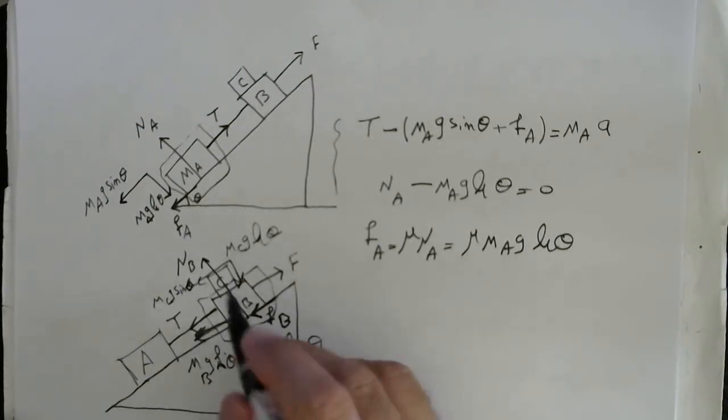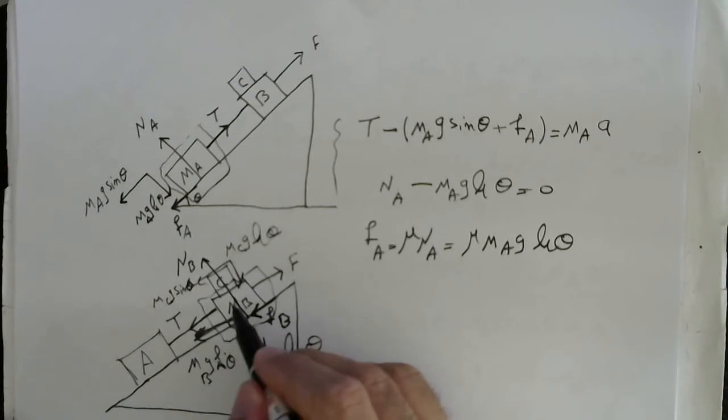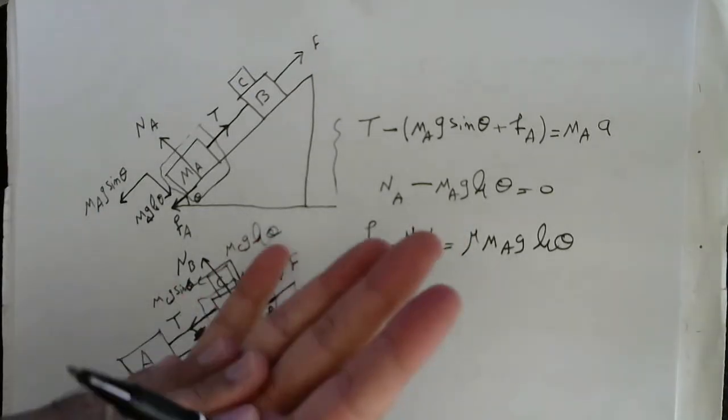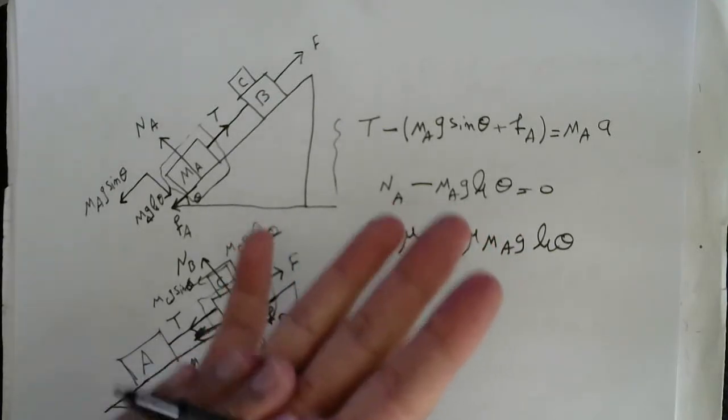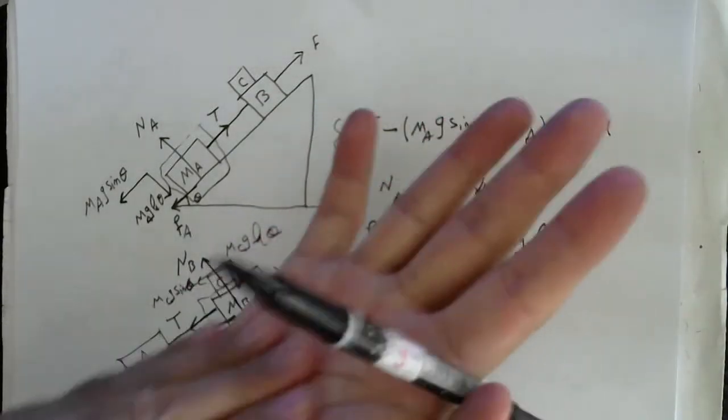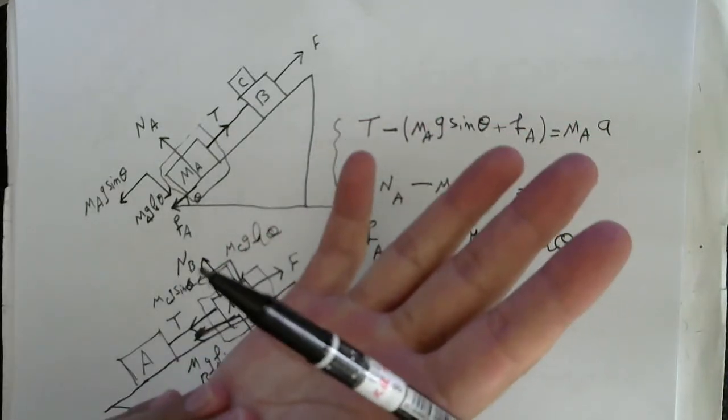It acts in the opposite direction of motion, and then C wants to stay when B moves up. So basically B is moving up and C is on the surface, so C pushes against the direction of motion.